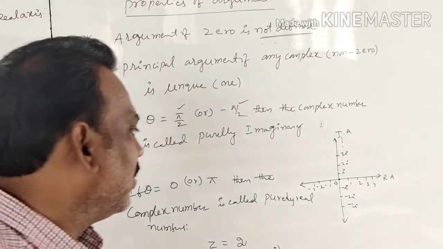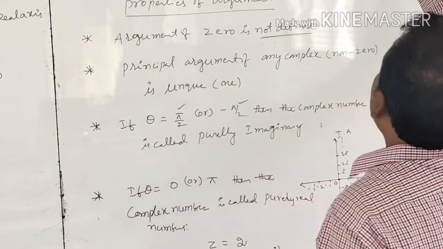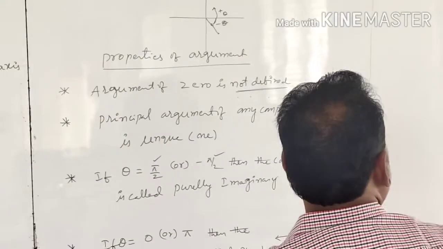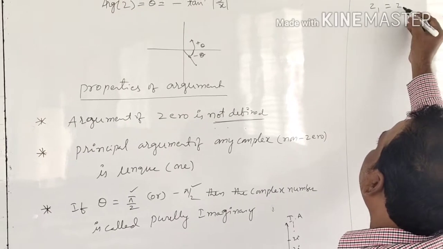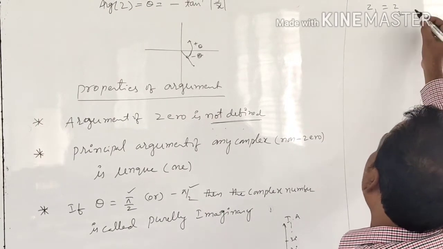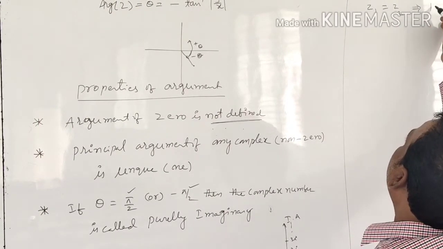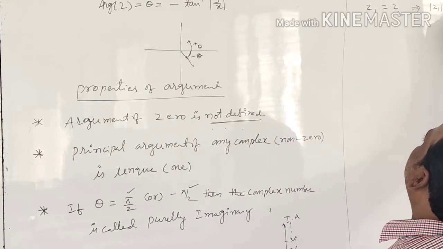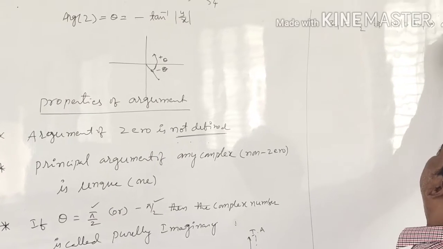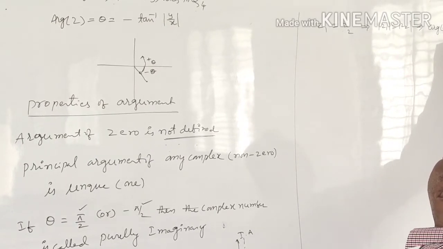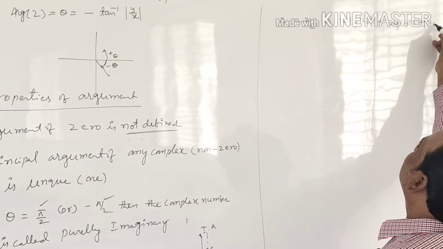In addition, we have a few more. These are not asked at the PU level; they will ask them at the objective level. Suppose Z1 is equal to Z2, that means two complex numbers are equal. Then the modulus of Z1 is equal to the modulus of Z2, and that implies the argument of Z1 is equal to the argument of Z2.